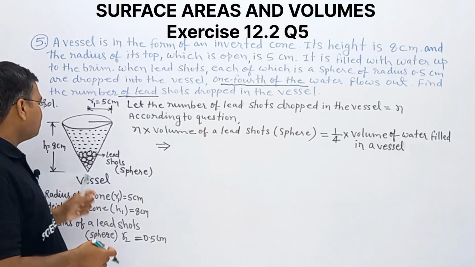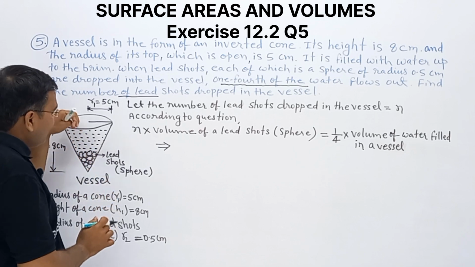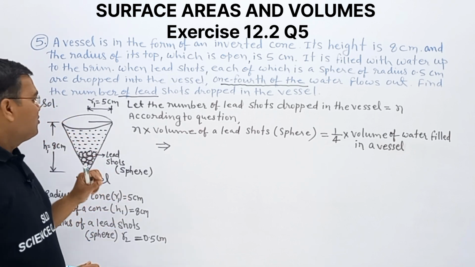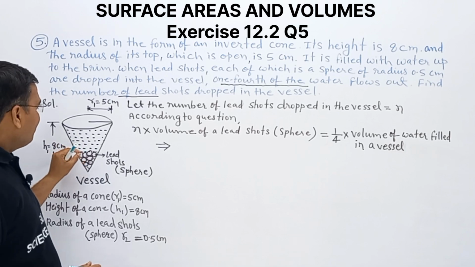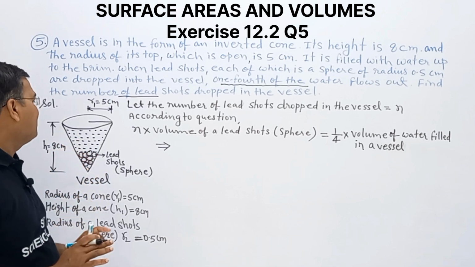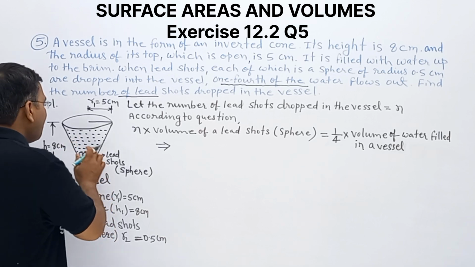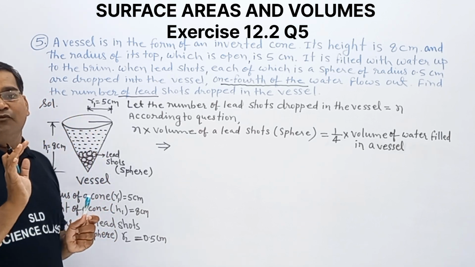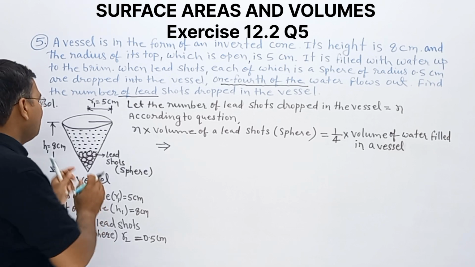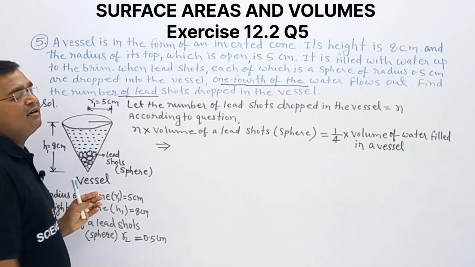Observe, we assumed n lead shots are dropped in this vessel. So for one lead shot having a volume, we multiply it by n, then we obtain the total volume of lead shots. Clear?